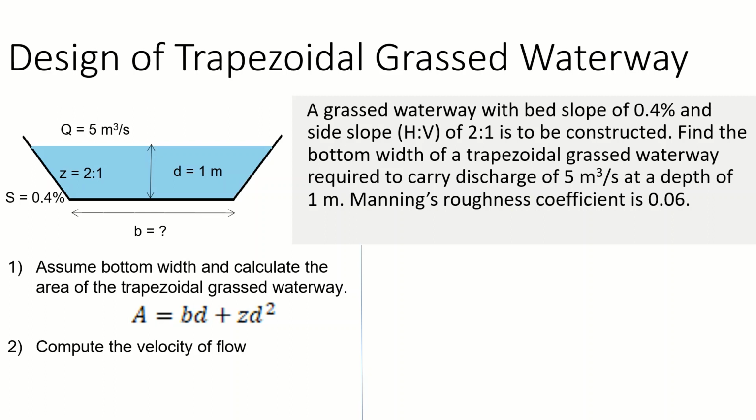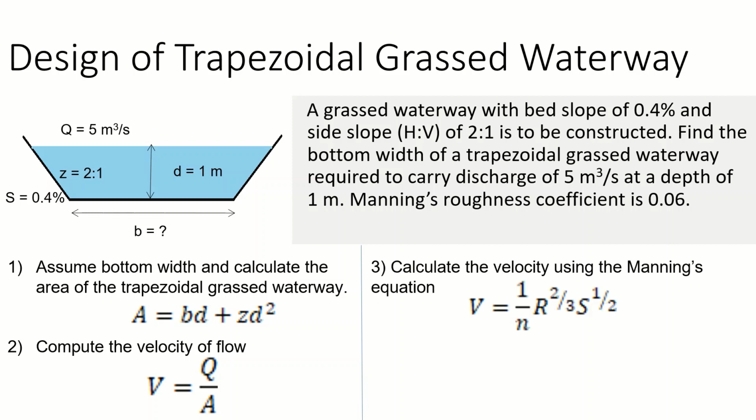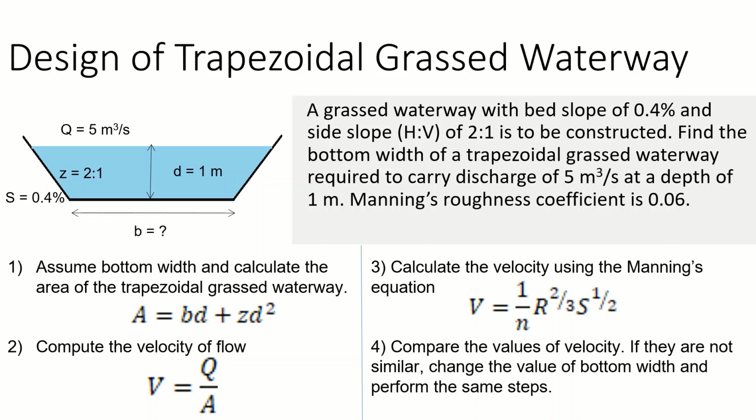Once we get the value of area, we can compute the velocity of flow using this equation, V equal to Q divided by A. Once velocity is obtained, you can compare it with the velocity estimated using Manning's equation. So first you will calculate the velocity using this equation, Q, which is given to us as 5 meter cube, and the area, whatever we get, we will substitute, and we'll get some velocity.